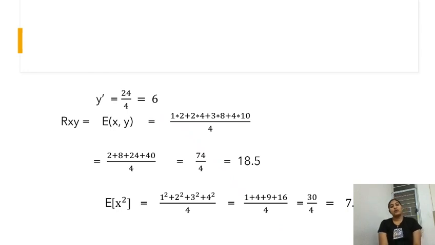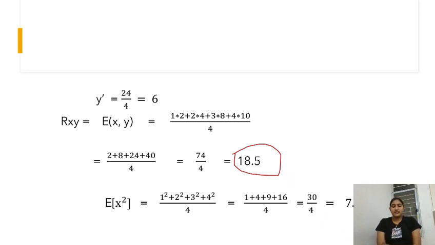Then y bar, in the same manner, is 25 by 4, which equals 6.25. Rxy equals expectation of xy equals 1 into 2 plus 2 into 4 and so on. The x and y are multiplied and then averaged. The answer is 18.5.